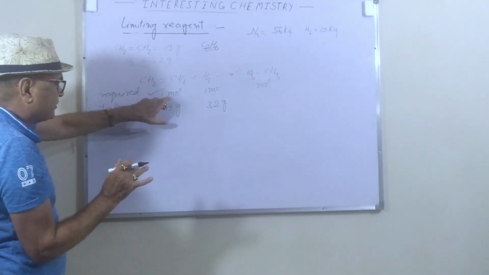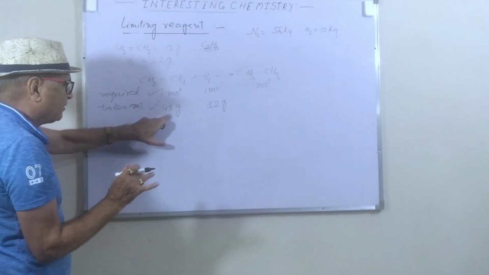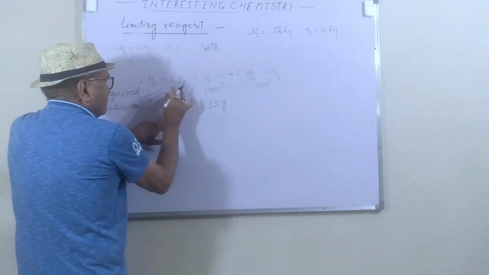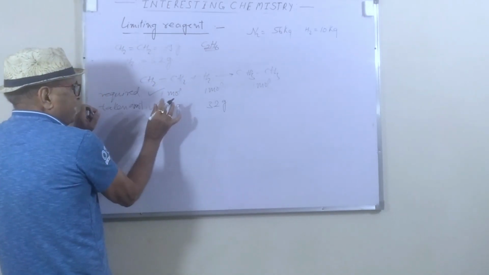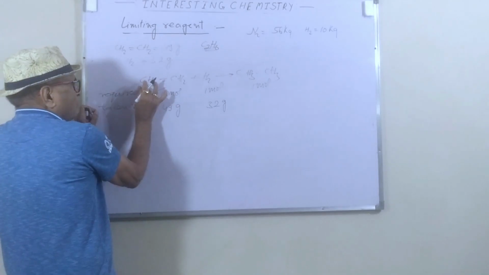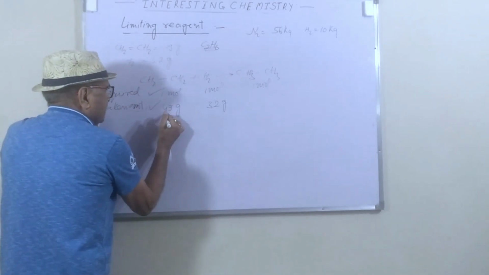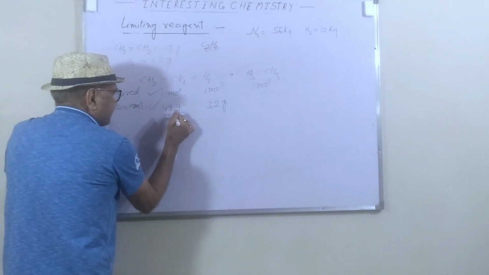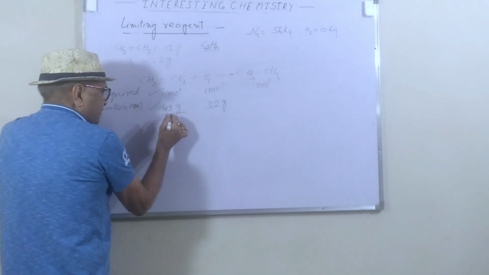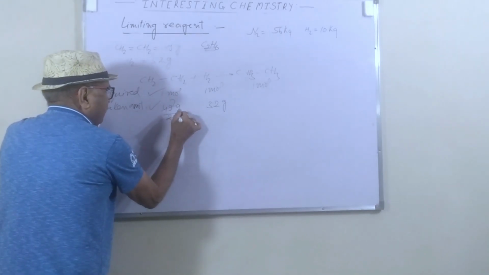First of all, this is mole, and here it is gram. So change this amount into mole. How will you change it? Gram is divided by the molar mass of ethene, 24 plus 4 is equal to 28.